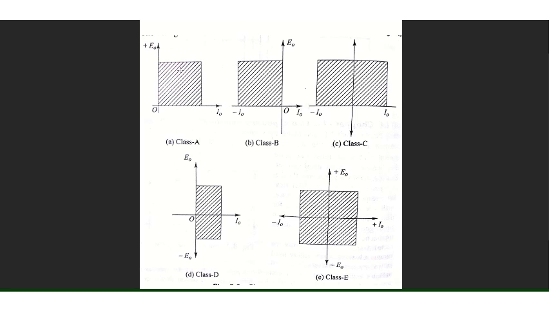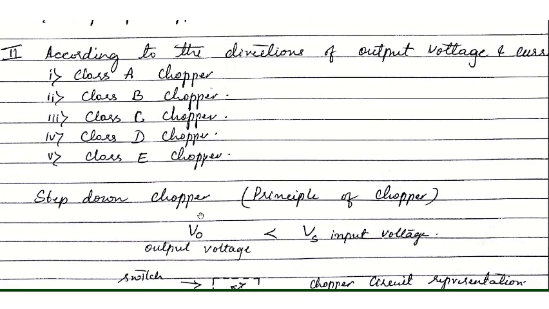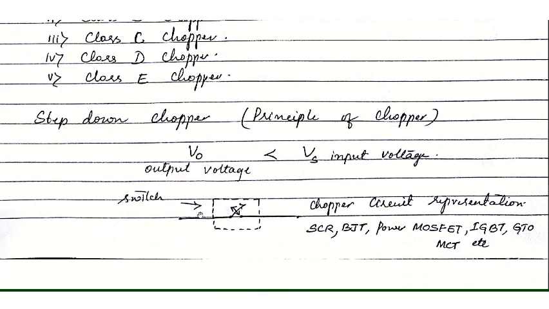Today we will be discussing the step down chopper. As I mentioned earlier, in a step down chopper, if V naught is your output voltage and Vs is your input voltage, the output voltage will be less than the input voltage.